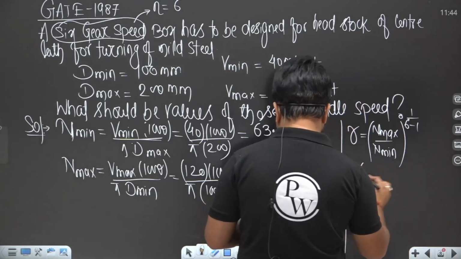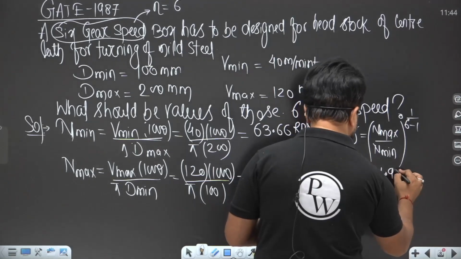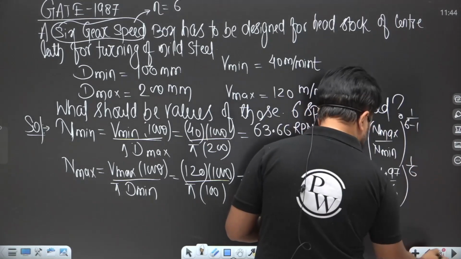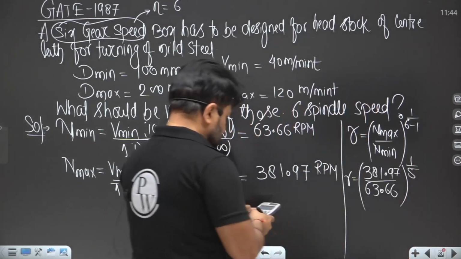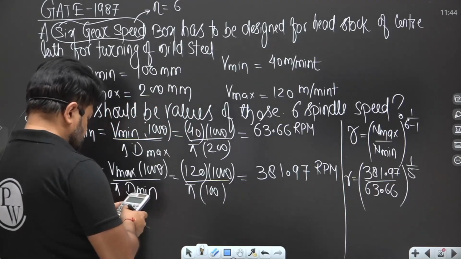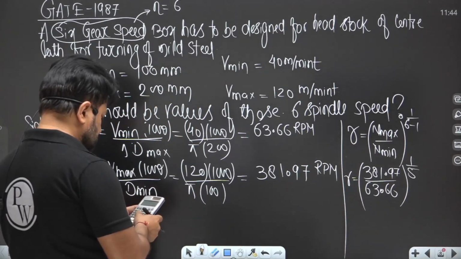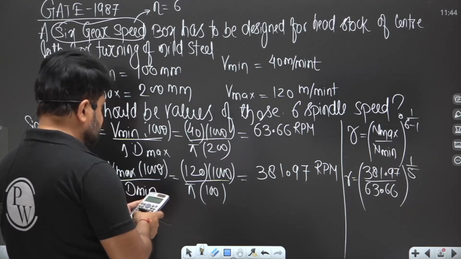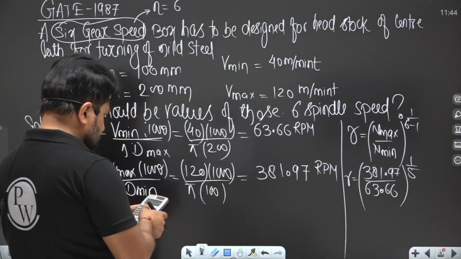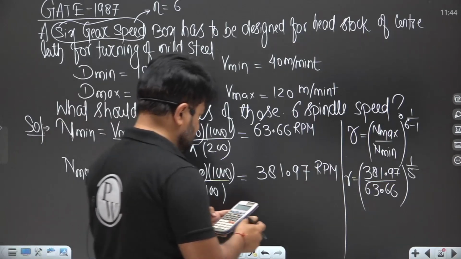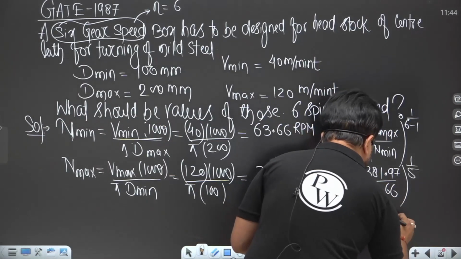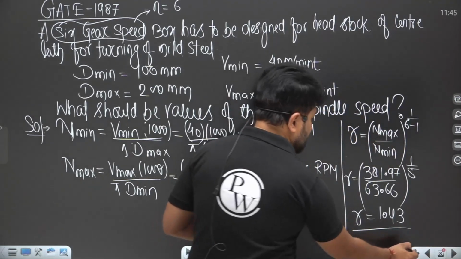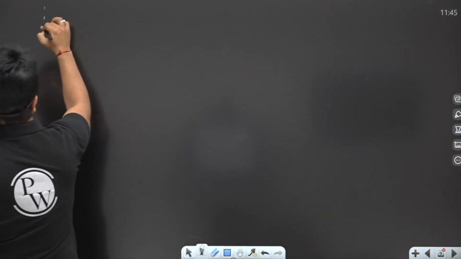So R is 381.97 divided by 63.66, to the power 1 divided by 5. So here R comes out 1.43. This is the value of R.